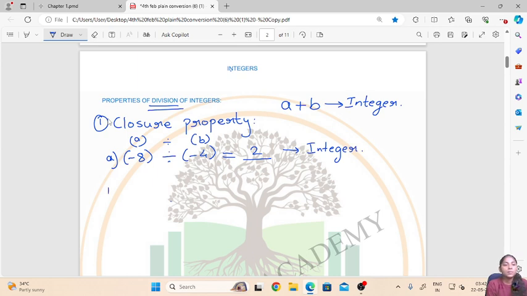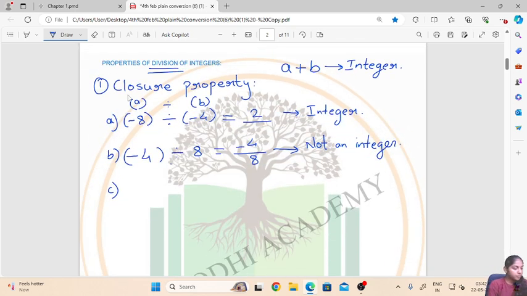Then another example that we will take is -4 divided by 8. So here what will we get as answer? We will get -4 divided by 8, which is not an integer. Then another example we will take is a as -8 divided by b as 3.